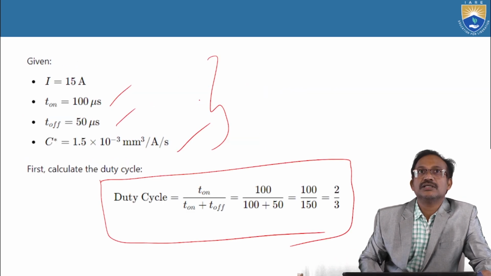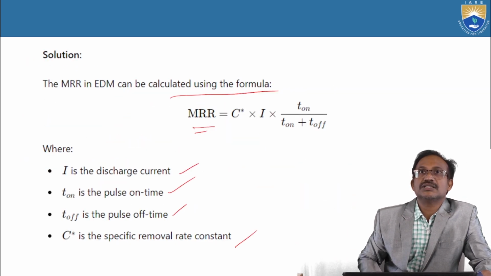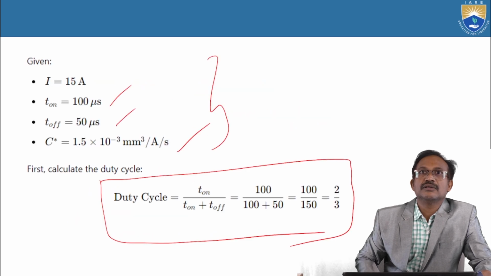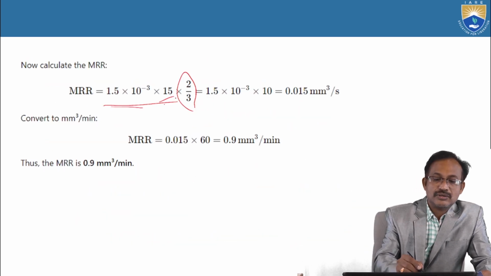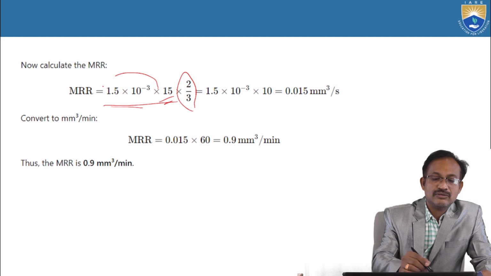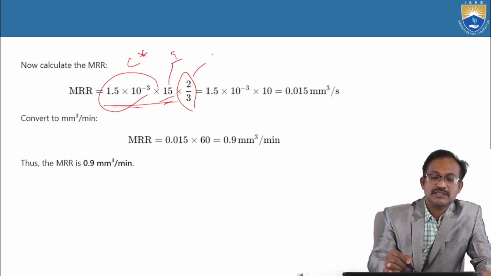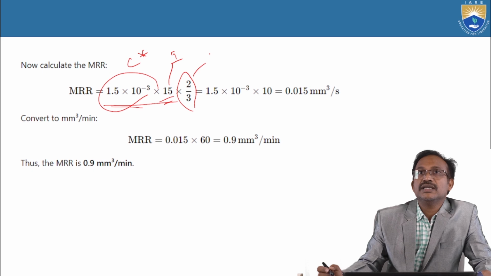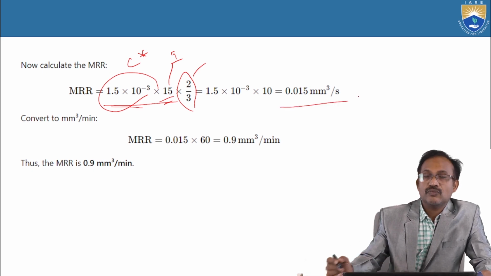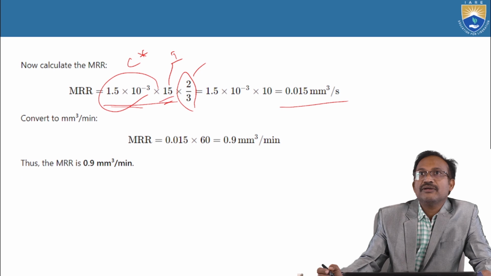Look at this: C* into I. This is the C* value, this is the I value, and this is the duty cycle, T_on / (T_on + T_off). So finally we got 0.015 cubic meters per second.